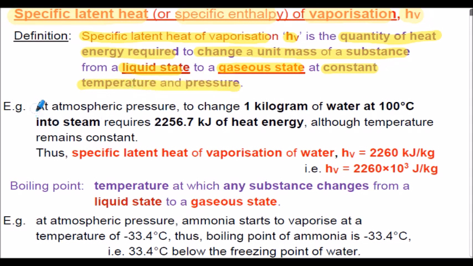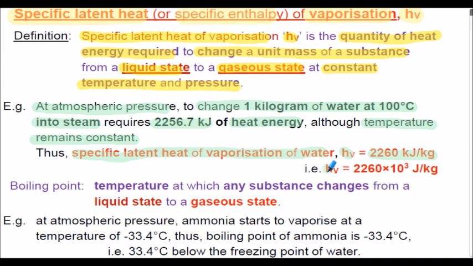So for example, at atmospheric pressure, to change 1 kilogram of water at 100 degrees C into steam at 100 degrees C requires 2,256.7 kilojoules of heat energy. Again, during this phase, the temperature remains constant. So the specific latent heat of vaporization of water, HV, is 2,260 kilojoules per kilogram, or HV is 2,260 times 10 to the 3 joules per kilogram.